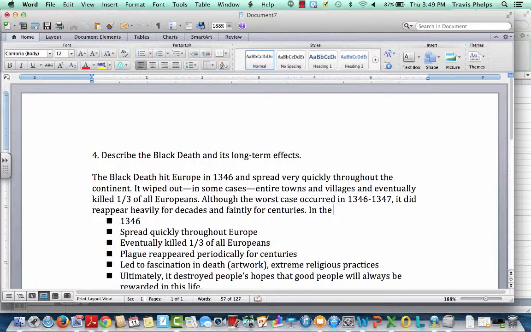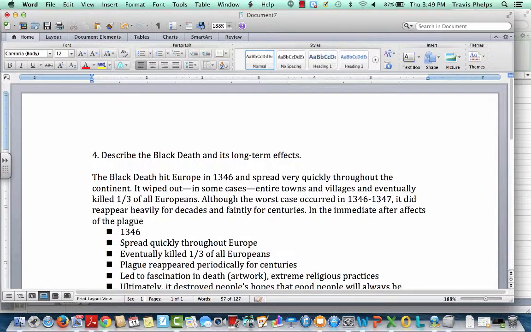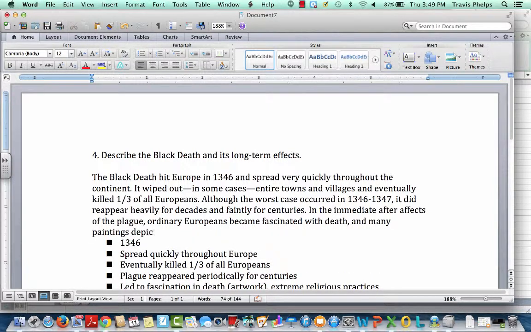We'll put here in the immediate after effects of the plague. Say ordinary Europeans became fascinated with death, and many paintings depict skeletons and corpses.